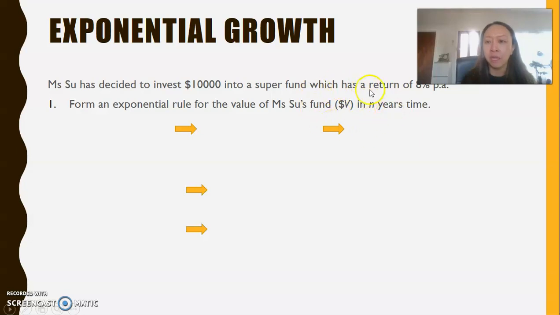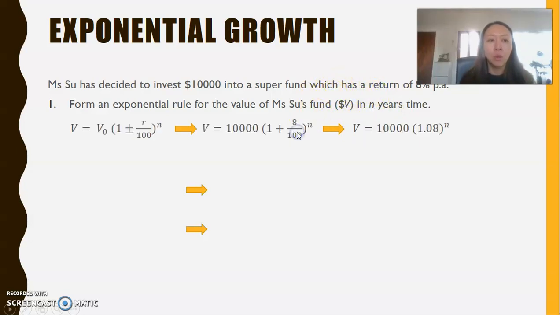If the question asks you for a value in V, we just rewrite the exponential rule as V equals V0 times (1 plus or minus r over 100) to the power n. This is the original function that was discussed previously. We know that our initial value is 10,000, so we sub 10,000 into V0.